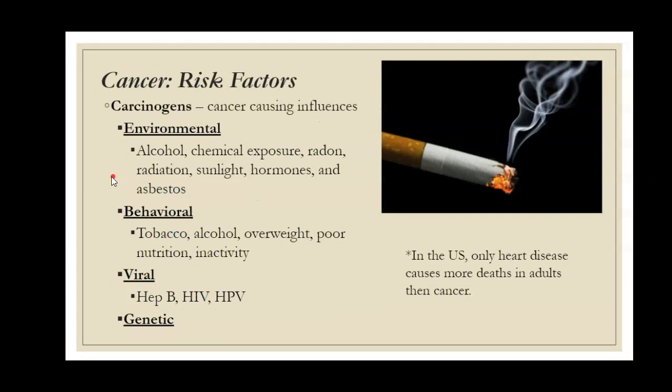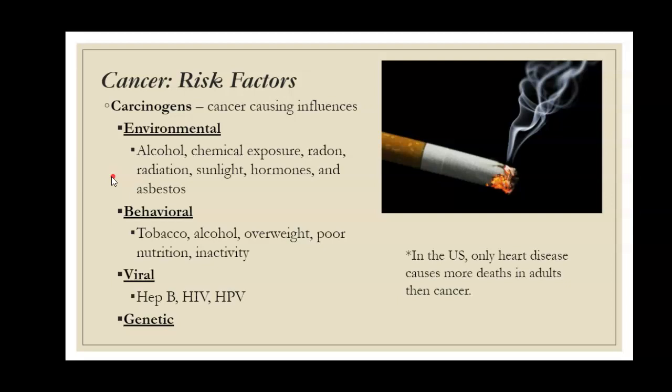Cancer risks, risk factors. So carcinogens are cancer-causing influences. They can be found in the environment, such as alcohol, chemical exposure, radon, radiation, sunlight, different hormone issues, and asbestos. And then behavior.